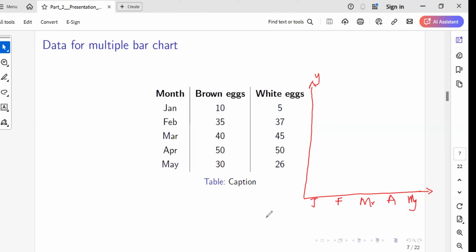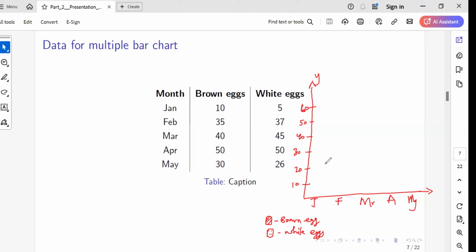So I'm going to use diagonal lines for brown eggs, and then I'll use dots for white eggs. So in January, let me do my scaling first. I have my Y labeling 10, 20, 30, 40, 50, and then 60.